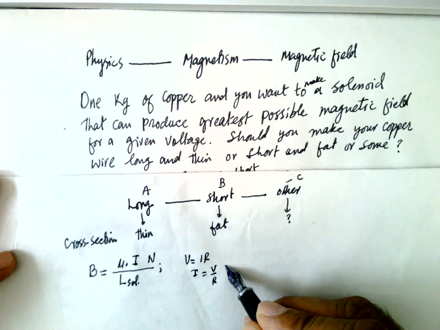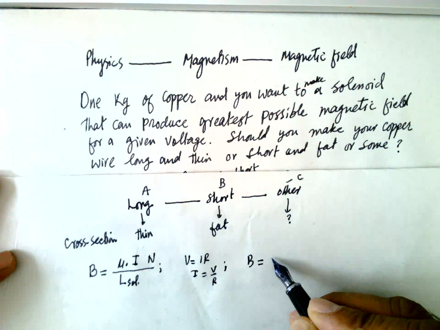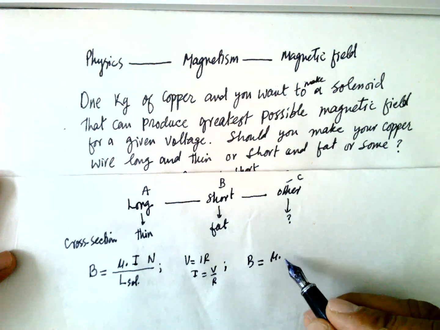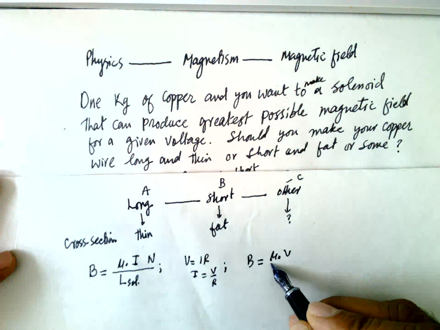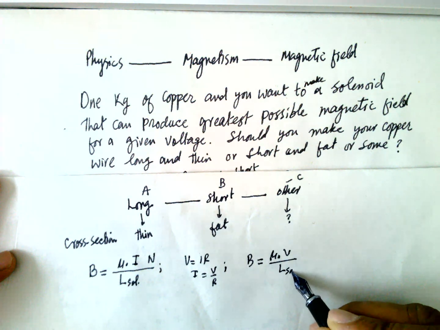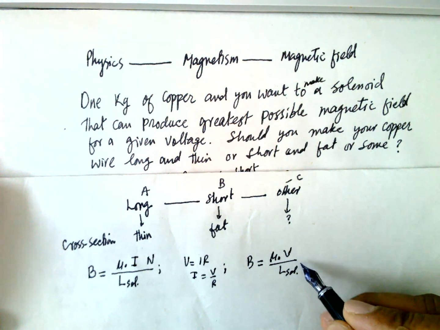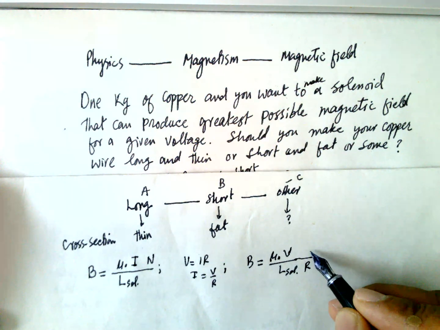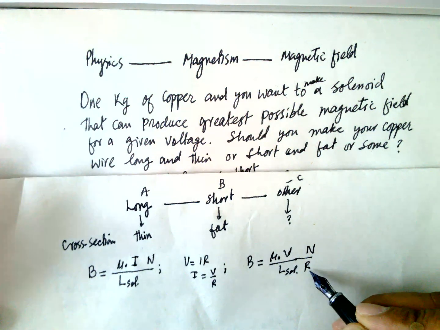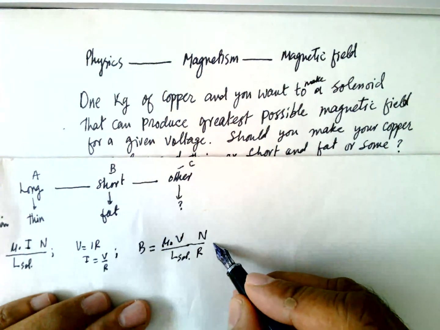So B is equal to mu naught V over L solenoid, over R, times N. R is the resistance.